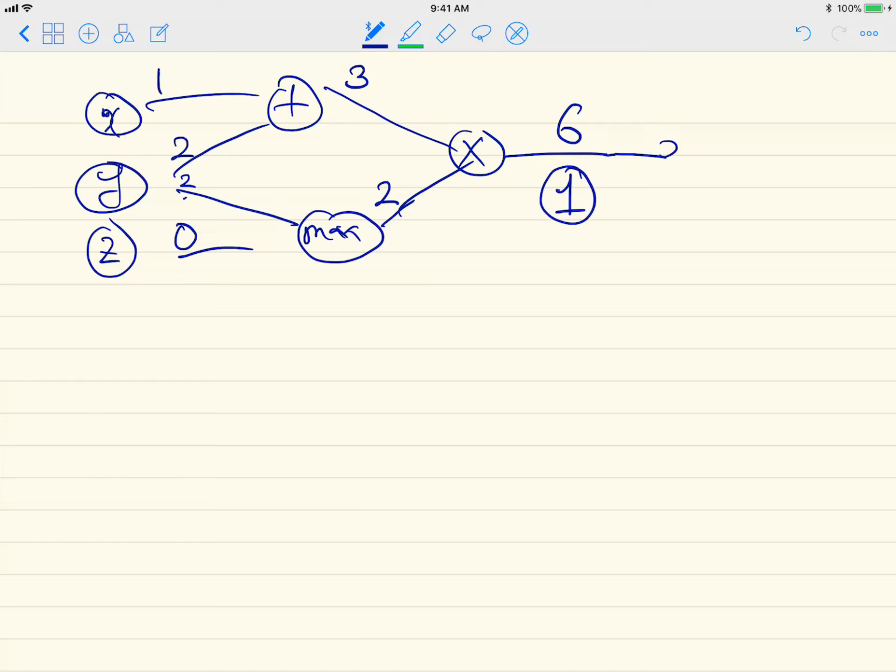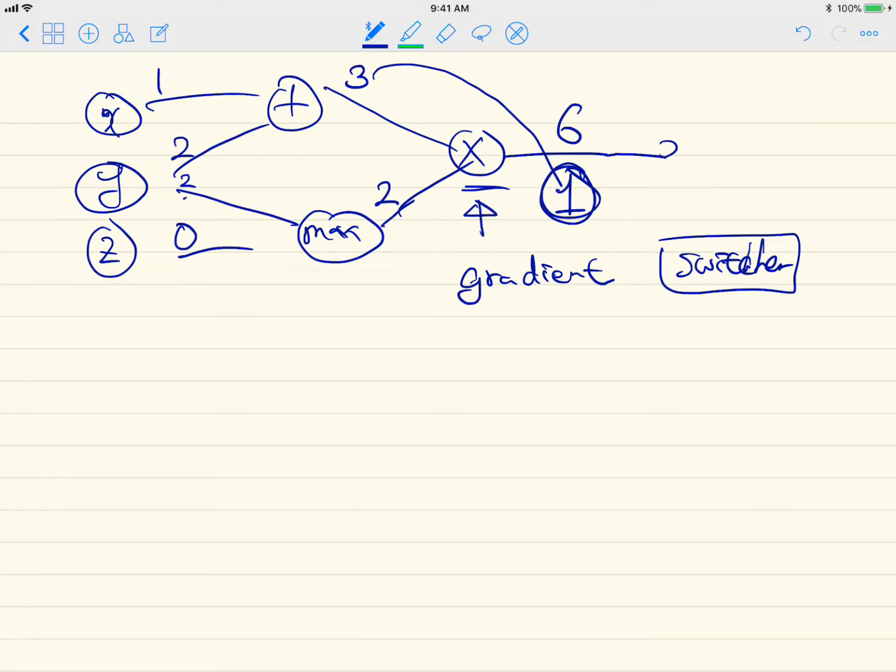Here we usually set the gradient as 1, right? And then how does backpropagation work on this multiplication? It's called the gradient switcher.